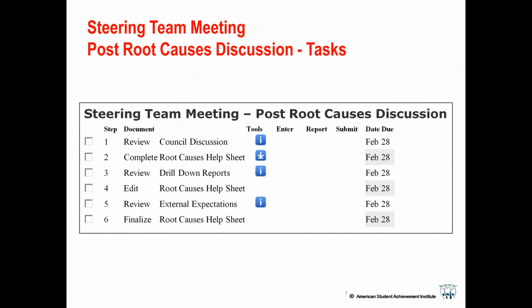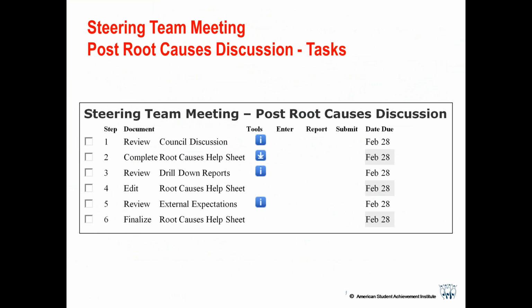Is it the boys? Is it the low-income kids, the free and reduced kids? So once we know what the root causes are, we want to drill down to see exactly who the student group is. So we'll do that in step 3, and then in step 4, we'll edit the root cause help sheet based on the lessons that we learned from the drill down reports.